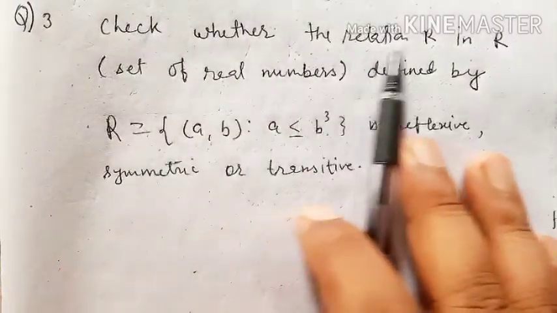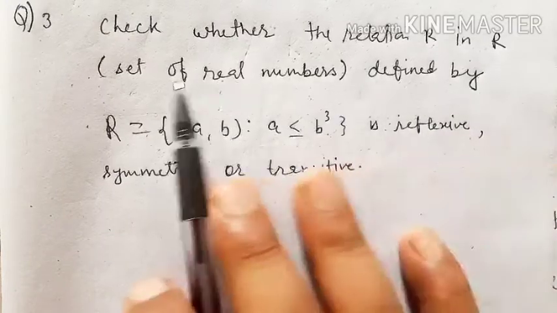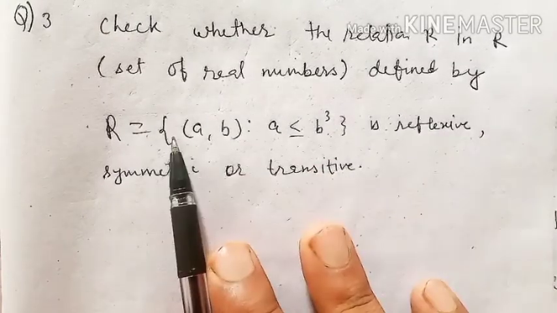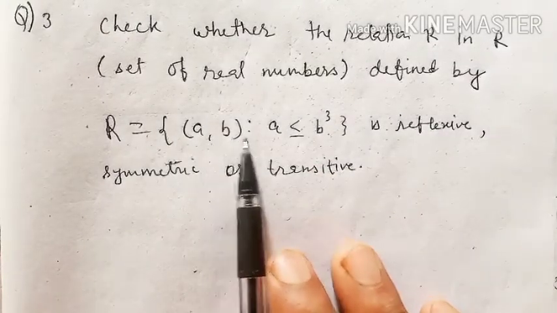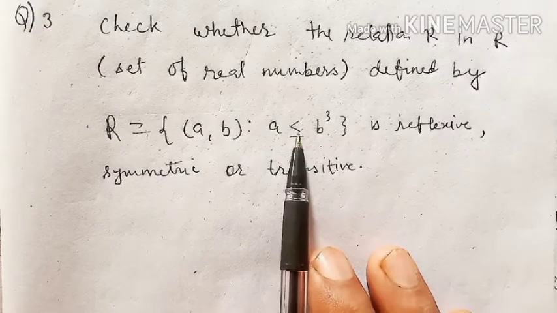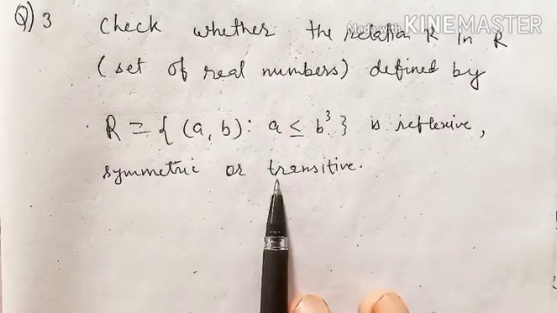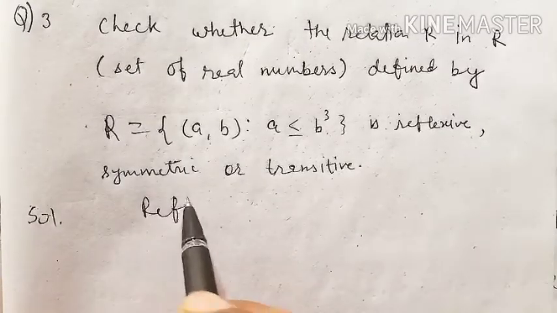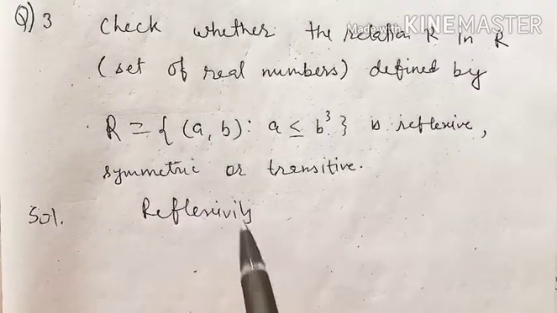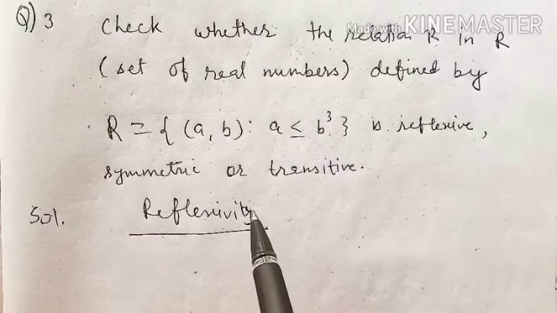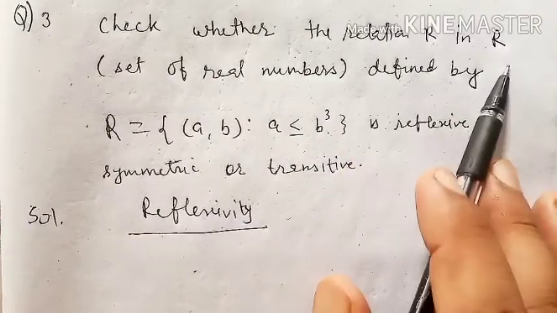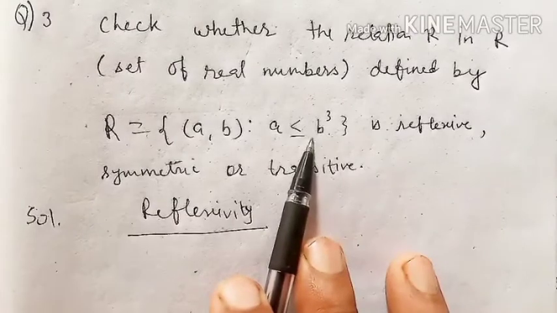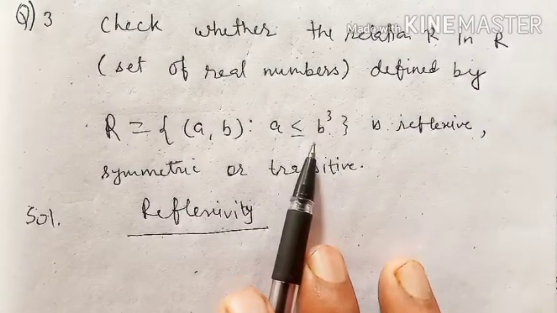Now question number 3. Check whether the relation R in the set of real numbers defined by R equal to the set of all ordered pairs (a,b) such that a is less than or equal to b cubed is reflexive, symmetric or transitive. Solution. Reflexivity. Here the given set is the set of real numbers and the relation is a is less than or equal to b cubed.